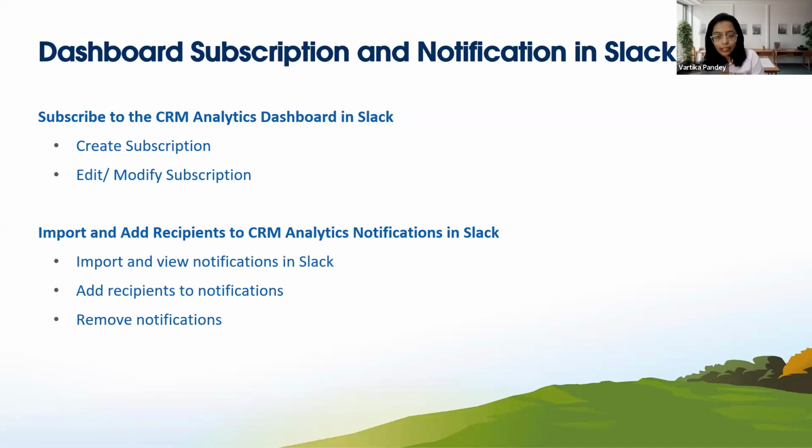And what is a notification? Let's say there is a criteria that you have set, maybe that your opportunity amount has reached a certain limit. Whenever that criteria is met, you want to be notified, and you can set again a frequency and time for that. So let's say I want to be notified on my lens whenever the amount is over maybe $100,000.